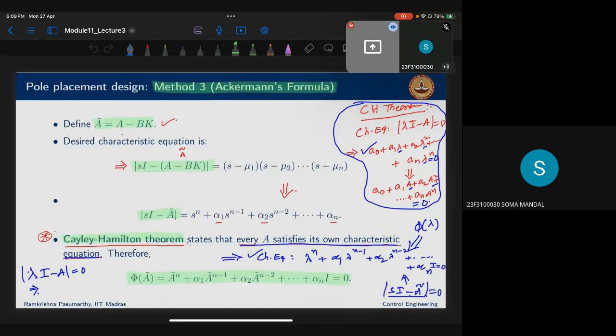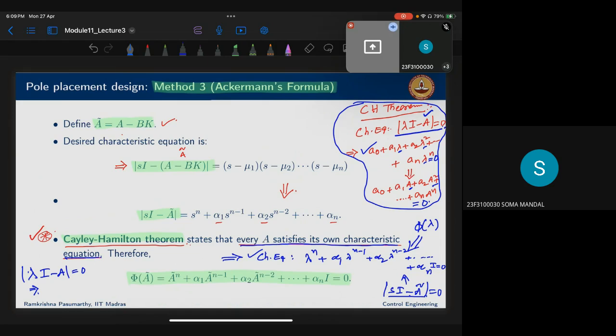Method three is also called the Ackermann formula. In the Ackermann formula, basically we use something called the Cayley-Hamilton theorem. The Cayley-Hamilton theorem for a matrix says, given a matrix, the characteristic polynomial is det of lambda I minus A equal to 0.